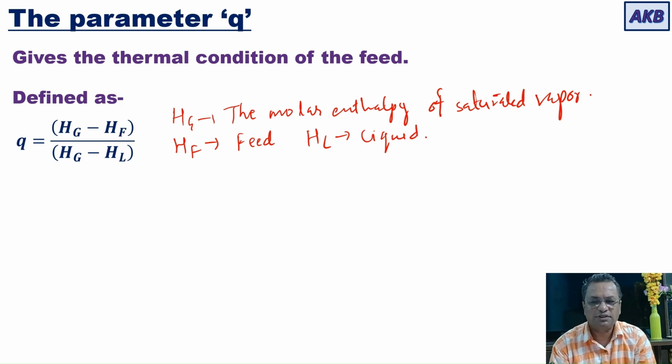Okay, so you have this equation which is used to define the parameter Q: Hg minus Hf divided by Hg minus HL. If you look at the numerator, you have the term Hg minus Hf. It is the difference between the molar enthalpies of the saturated vapor and the feed.